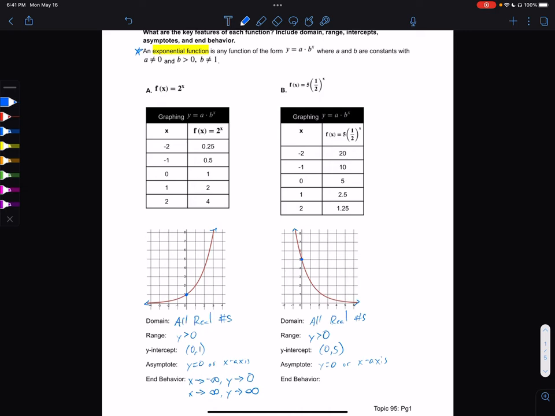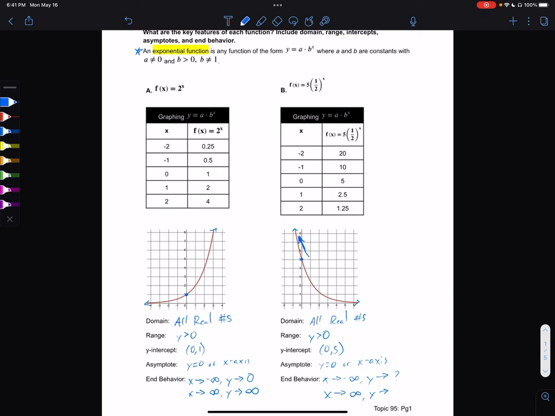The end behavior for part B, we're doing the same thing. As x approaches negative infinity, what does y approach? And as x approaches positive infinity, what does y approach? Not the best at making those infinity signs, but it'll do. So negative infinity in this example, we're moving to the left. As the graph goes left, notice how we're going up.